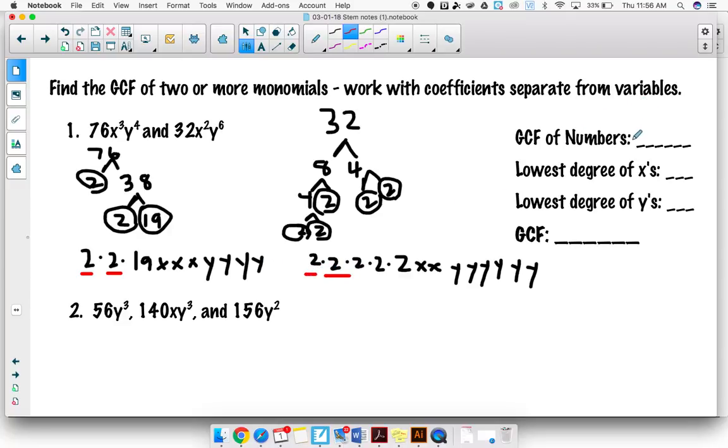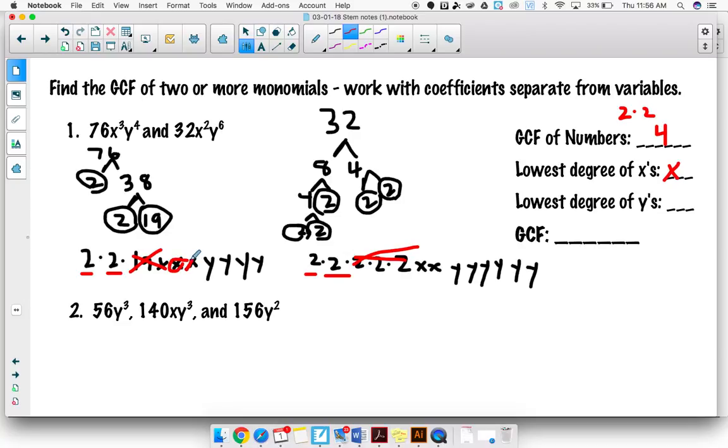So I'm going to list a 2 and a 2. The 19 doesn't pair up with any of these 2s, so those numbers wouldn't be part of the GCF. So the GCF for the numbers would be 2 times 2, since that's what they both had in common, and that gives you 4.